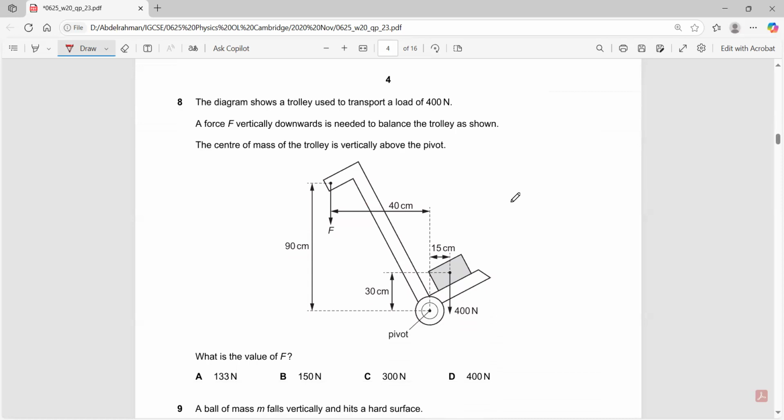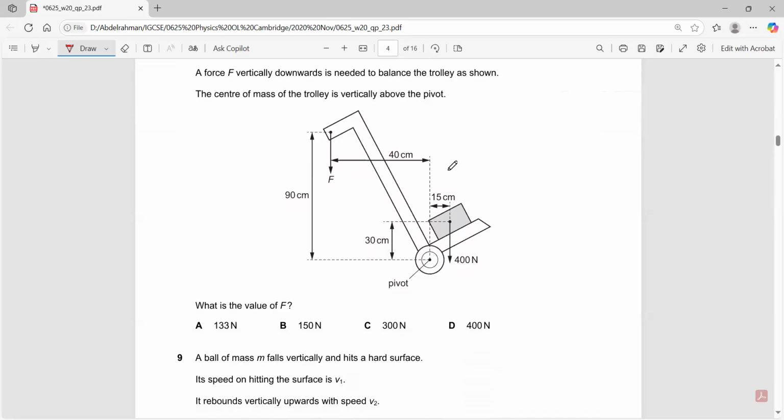Diagram shows a trolley used to transport a load of 400 newtons. So you have a load of 400 newtons. A vertical force, okay, downwards, is needed to balance the trolley as seen. What is the value of this F? Can I find the value of F? Yes, I can find the value of F. Due to the moment, you need to balance it. So F times perpendicular distance would be equal to load times perpendicular distance.